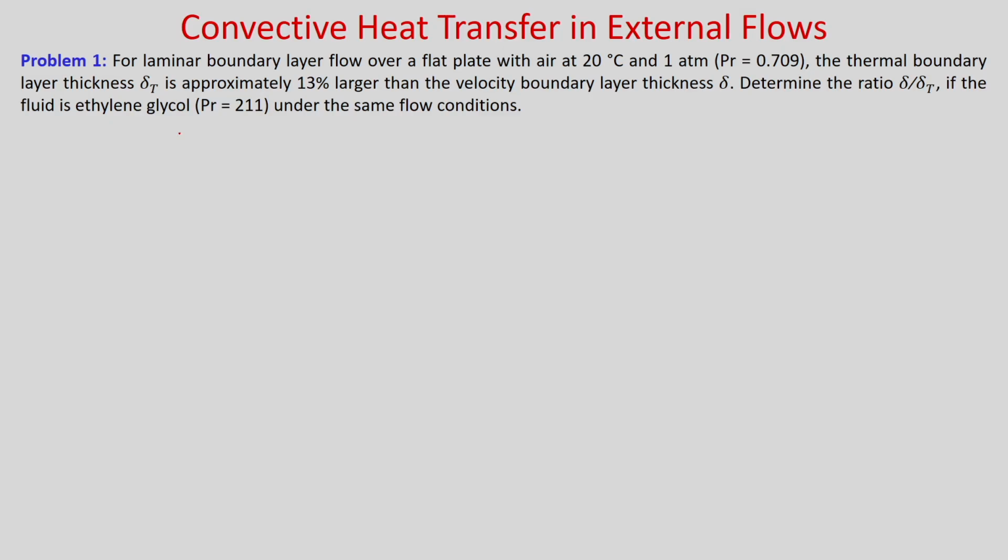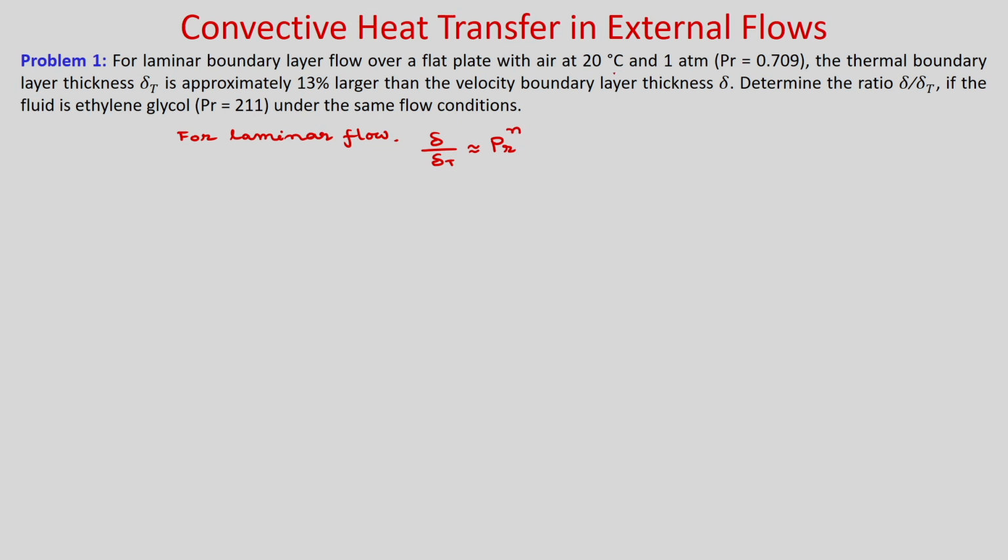So, we know that for external flows, if the flow is laminar, then delta by delta T is equal to Prandtl number to the power n. This n for air we know it is 1 by 3, but for this particular case we need to determine it from the given condition. So, for laminar flow delta by delta T is of the order of Prandtl number to the power n.